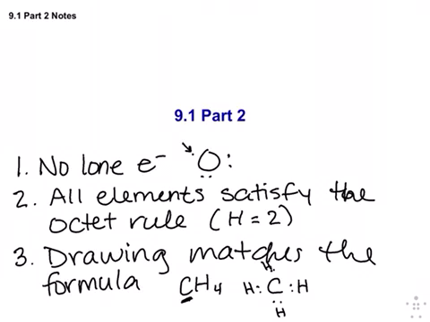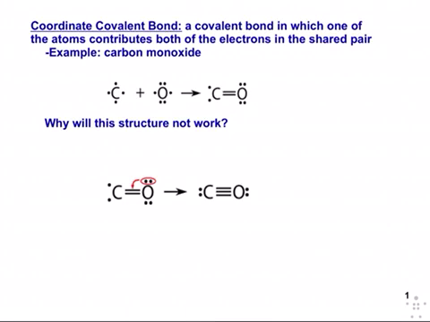So now this part of 9.1 pretty much breaks all those rules. These are the exceptions to the rules. So the first exception is called a coordinate covalent bond. This is when one of the atoms in the bond contributes both of the electrons in the shared pair.